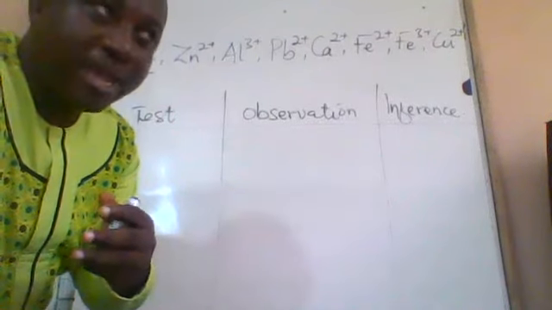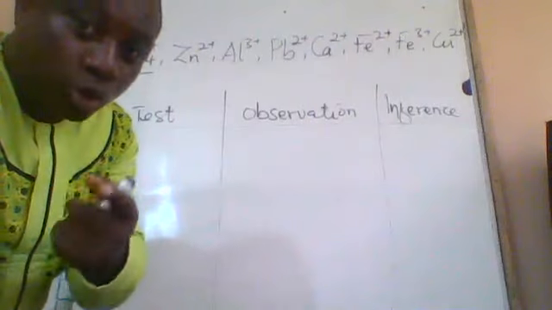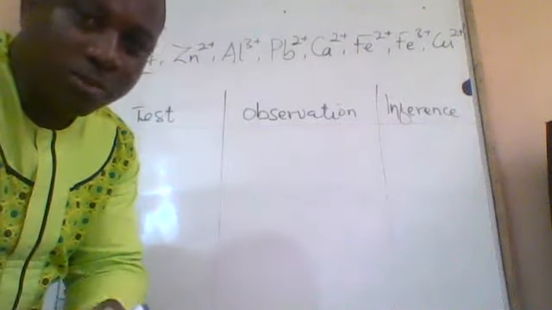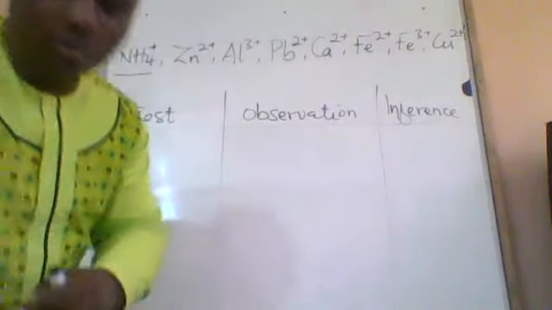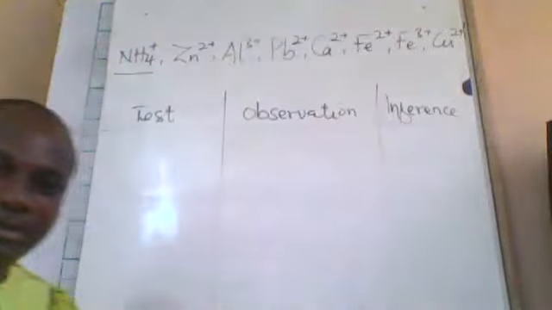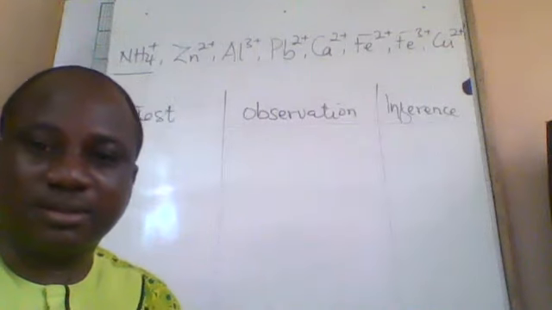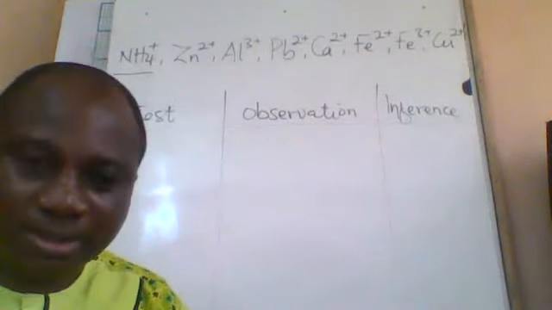Now, based on the color of the gas and the odor and the effect on litmus paper, we'll be able to identify the ammonia gas. This is to say that when you are performing a test and you suspect a gas, then 3 things must be done on the gas.